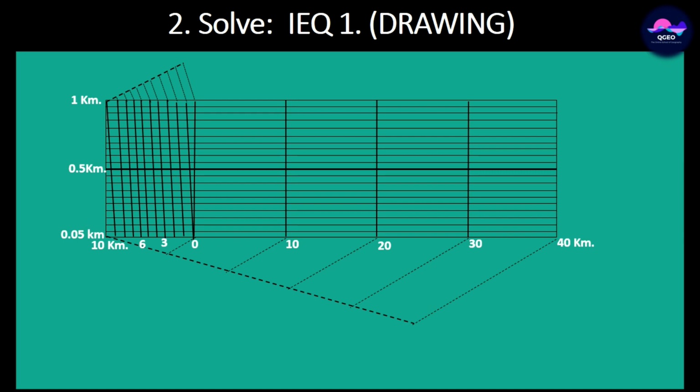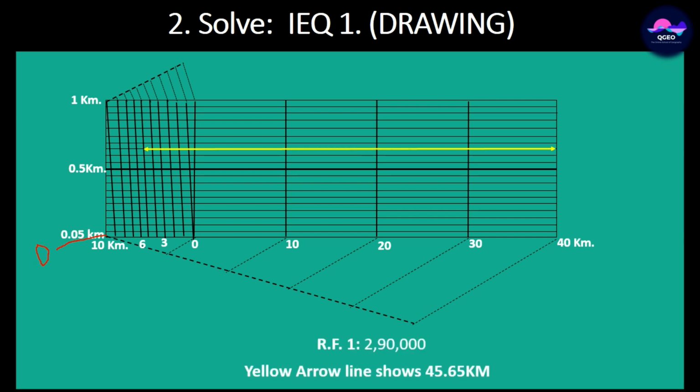In this way, here 10 kilometer, and here 0.1 primary division on tertiary division is equal to 0.05 kilometer. In the baseline it will be 0. So in the 10 it will be 0.5 kilometer, and 20 it will be 1 kilometer.